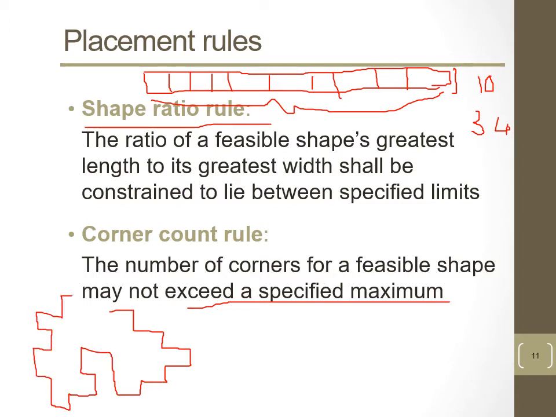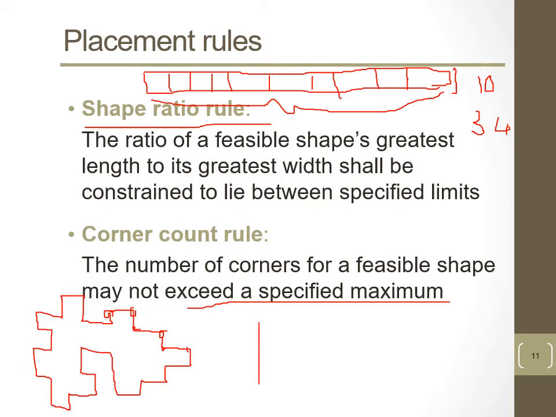These are grids like this. If you have such a shape for a department, it's not practical, and basically you count the corners. This is the first corner, second corner, third corner, fourth corner, fifth corner, and so on. You count all the corners, and you say that this number of corners should be less than or equal to some value.